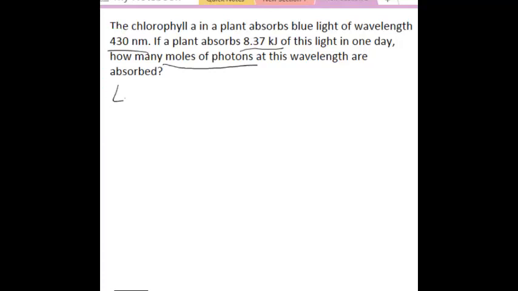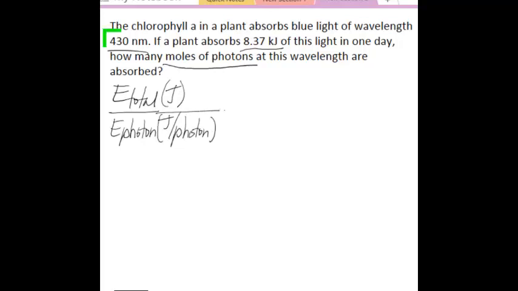So if we know the total amount of energy, and we can figure out the energy in one photon, so the units here would be joules and joules per photon, then we could find the number of photons. And then we could use Avogadro's number to get us from the number of photons to moles of photons.